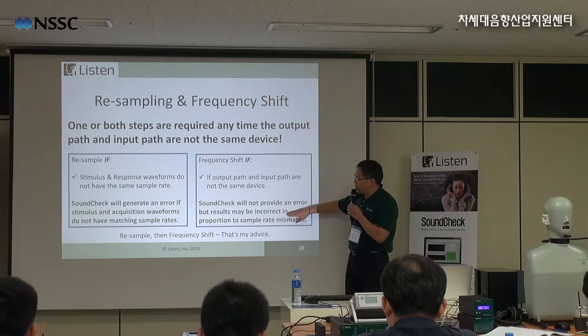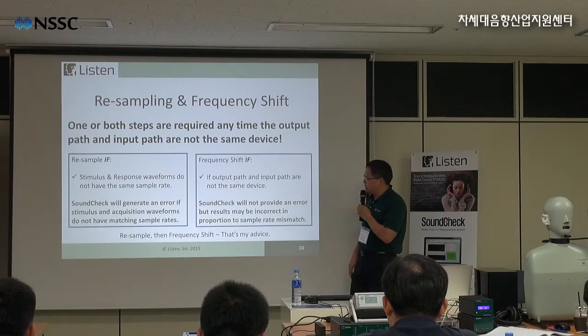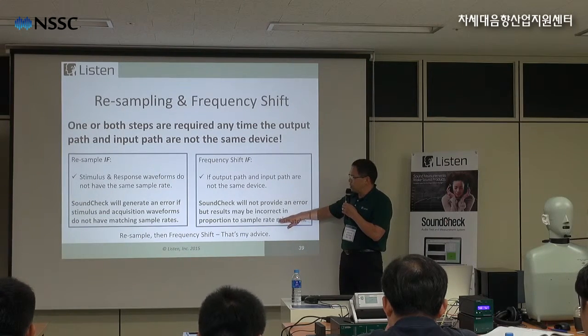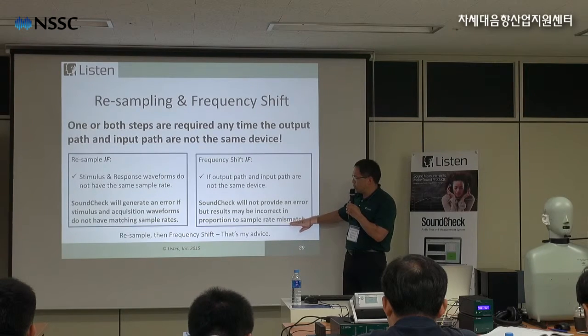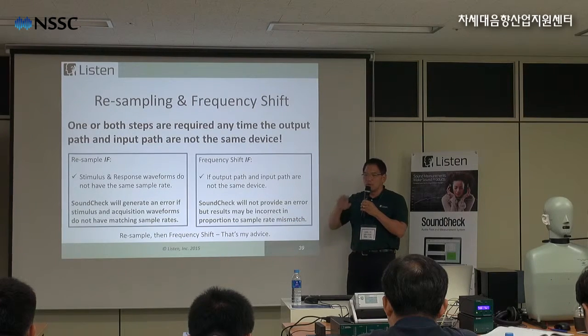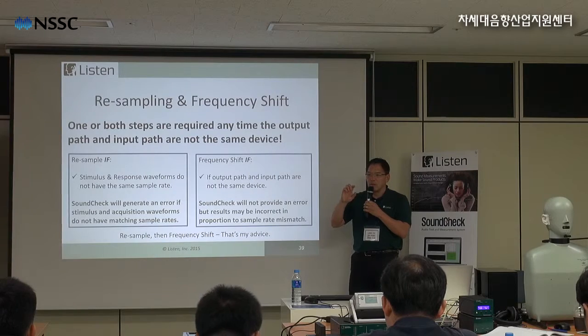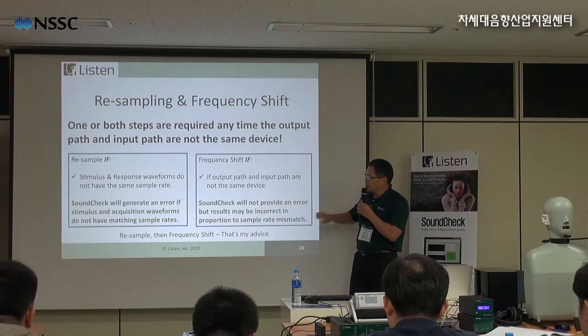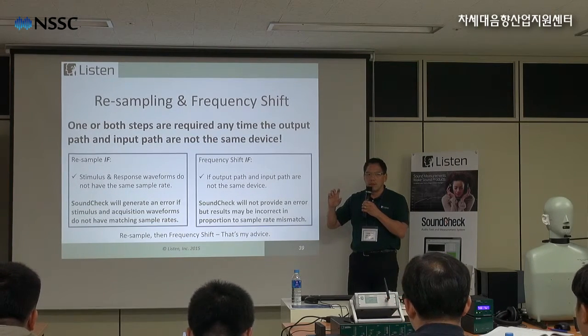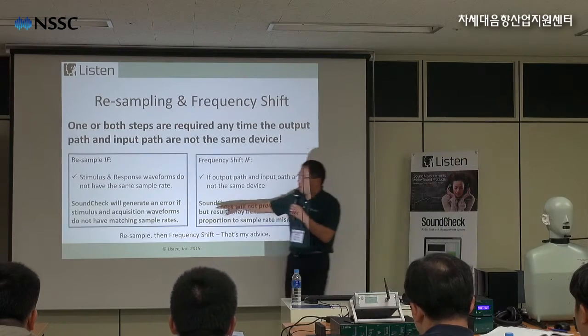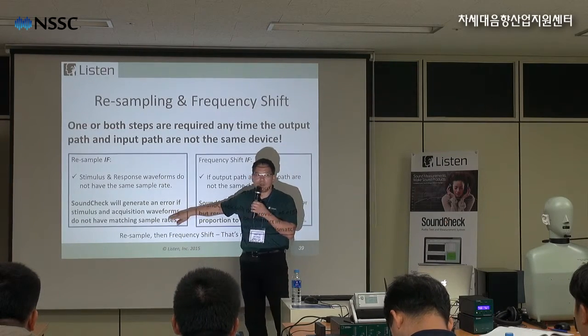Eventually the results will be incorrect, in that the error is really proportional to the sample rate mismatch. If it's missing by a little bit, the error will be a little one, but if it's missing by a lot, the error will be big. But if it's missing by a whole lot, it'll tell you there's something wrong.